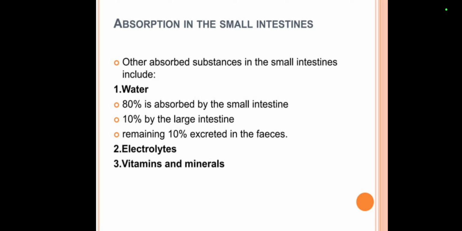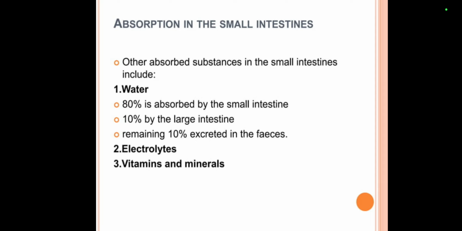Next, other substances absorbed in the small intestine include water. Water is 80% absorbed in the small intestine and 10% in the large intestine. The remaining 10% is excreted in the feces. Feces is the waste matter discharged from the bowels after the food has been digested.